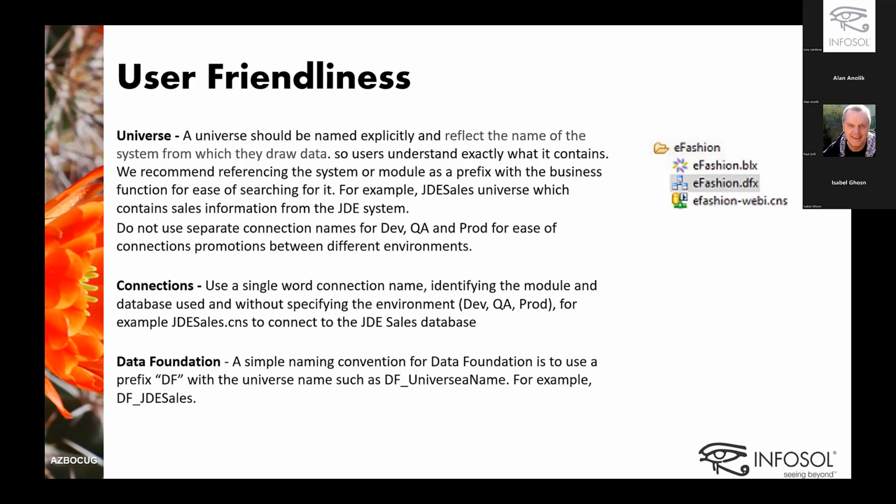And you don't want to use separate universe names for dev, QA, and prod, as that will make it easier to promote across the different environments. Same with connection name. Again, with JD Edwards as an example, JDE and then sales.cns is a good connection name.